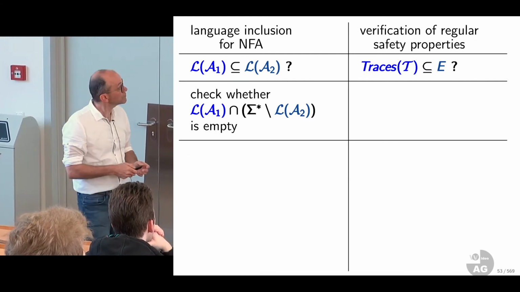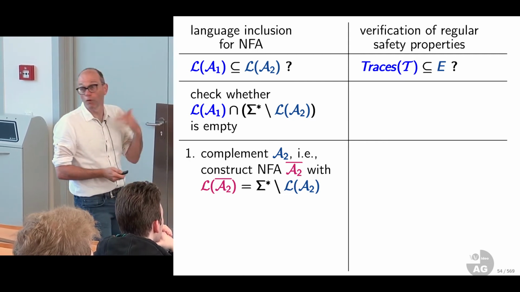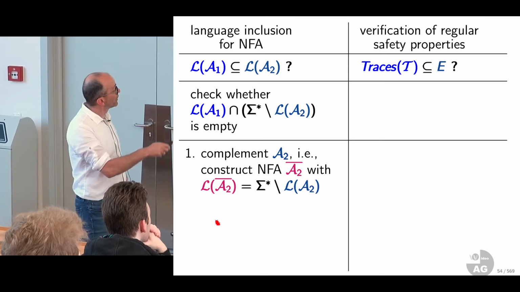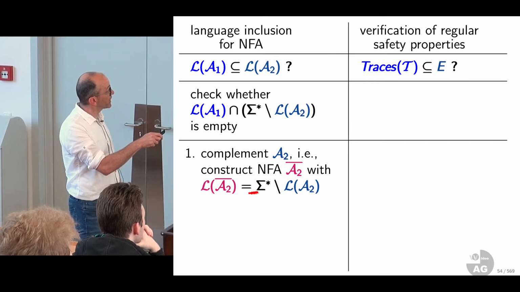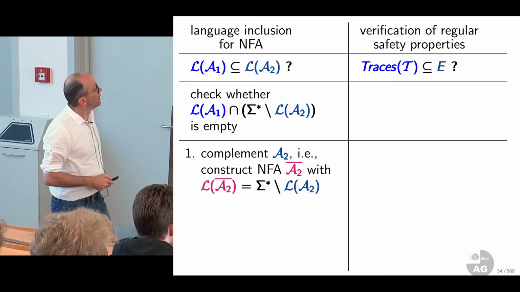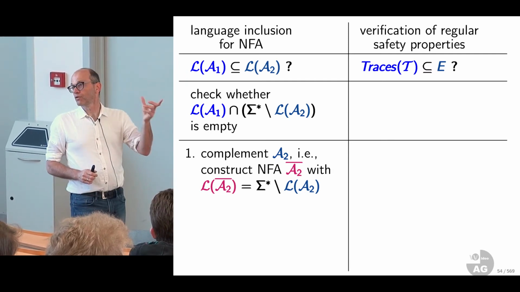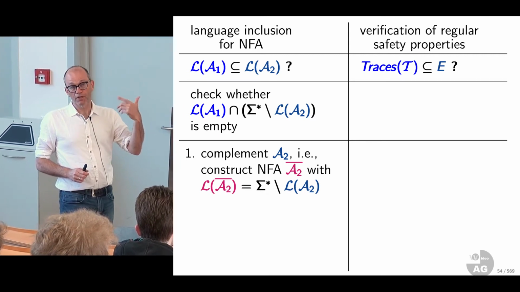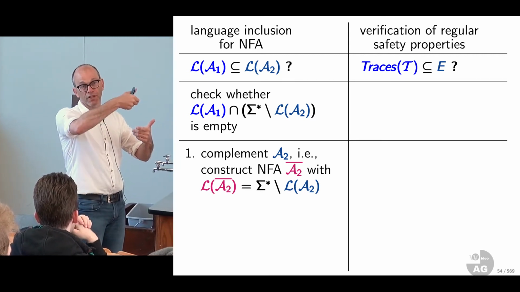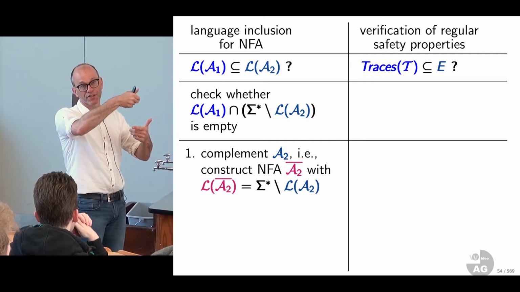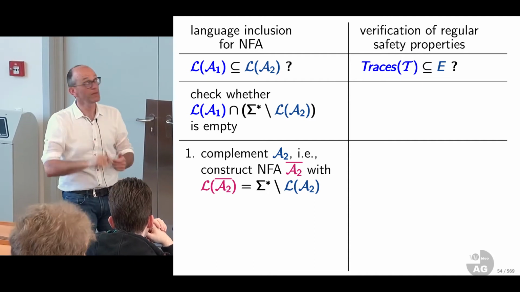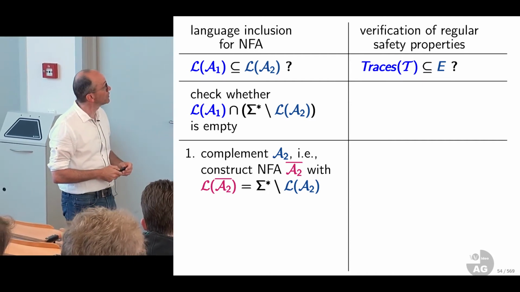Yeah? Good. How do you do this? Well, you complement A2, that is, you construct some NFA where the language of this complement is exactly the complement of the language of A2. I hope you all remember that you can do this by means of a standard construction. In particular, for a deterministic finite state machine, you can just flip: those states which are non-accepting become accepting, and those accepting states become non-accepting. So that's a very simple procedure.